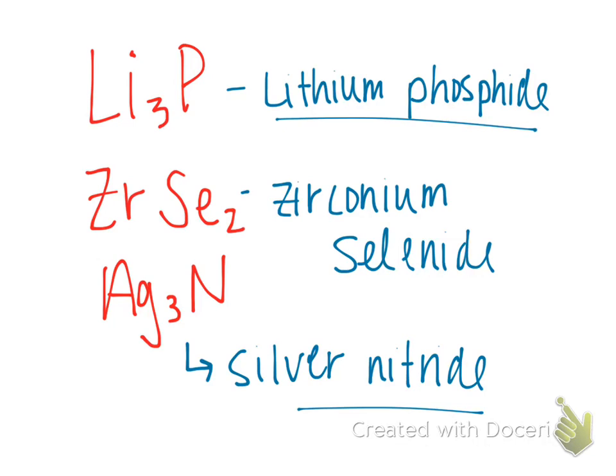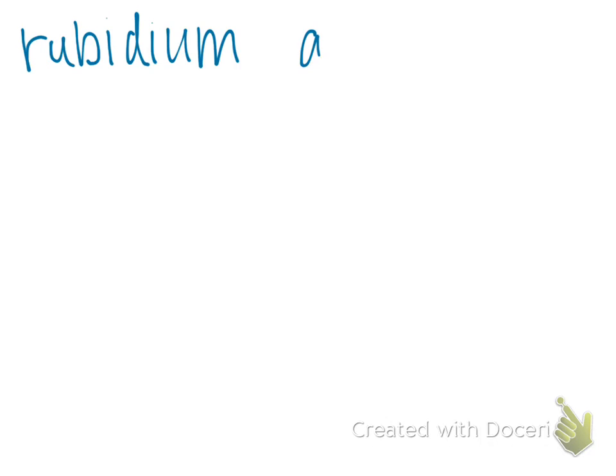Okay, now you're going to go from the written name to the chemical formula, which is pretty much what we've been doing. Rubidium arsenide.